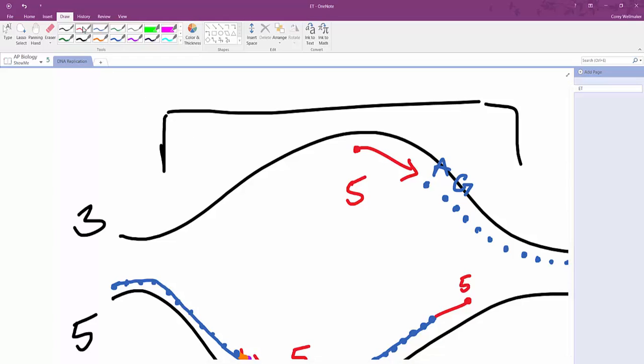Let's look at how it would work on this top strand. So the replication bubble has opened enough so that we can lay down our 5-to-3 primer. DNA polymerase 3 docks on, begins synthesizing, falls off. This is our new 3' end.